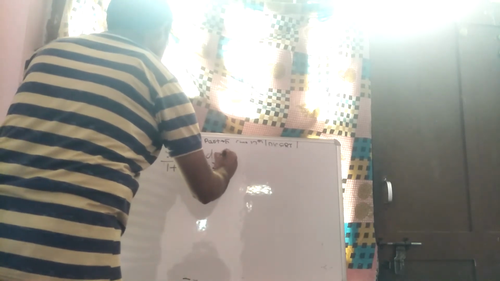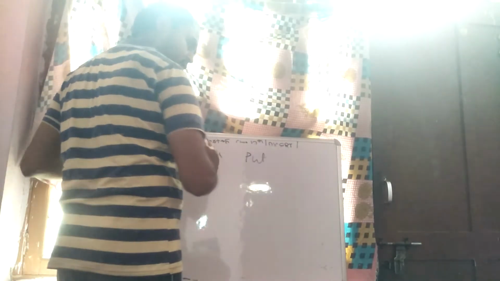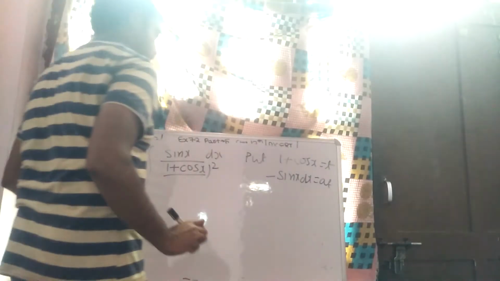Next, sin x upon 1 plus cos x whole square, dx. We also put 1 plus cos x equal to t. So minus sin x dx equal to dt.